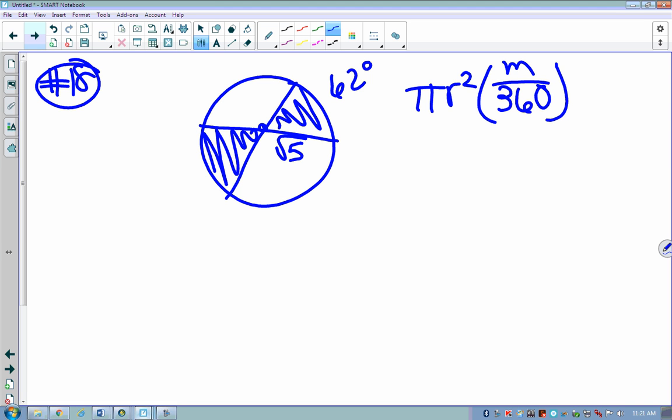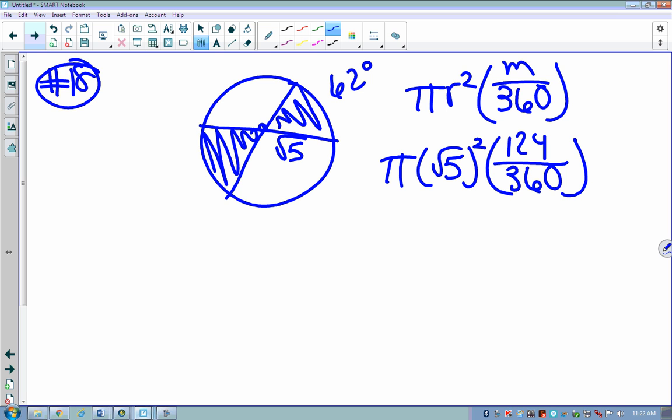But notice that I have two sectors. So I'm going to include both sectors in my degree measure, because I could just as easily turn that around and get everything together. My radius is radical 5 squared. My measure then becomes not 62, but 124.